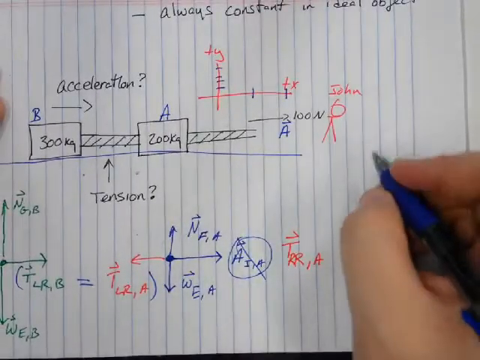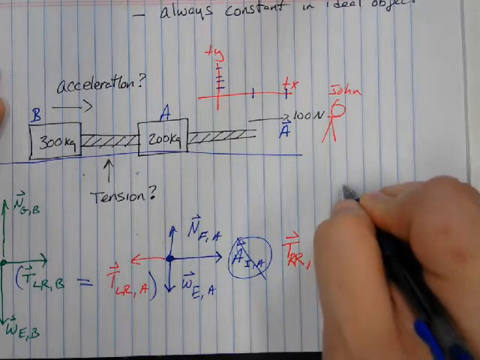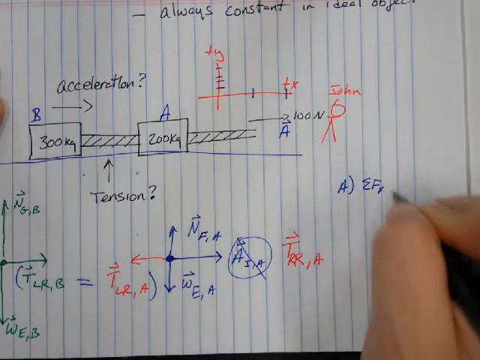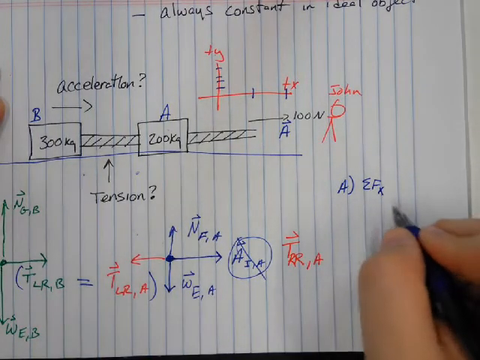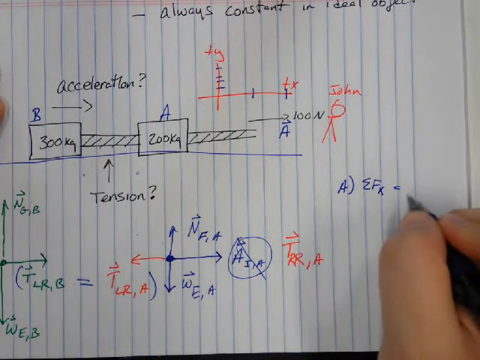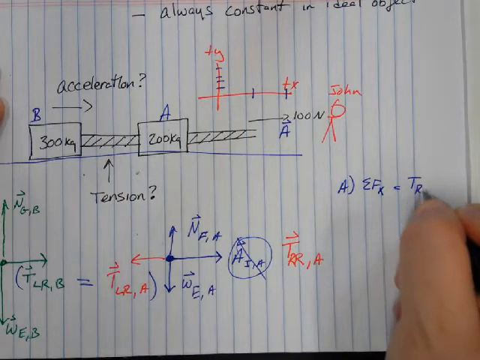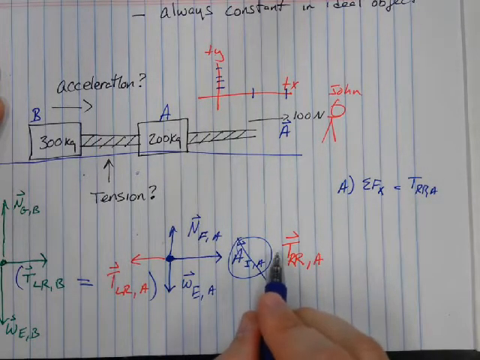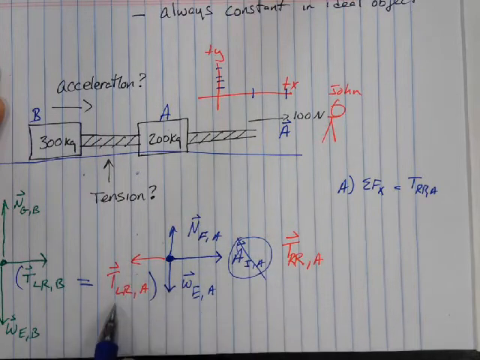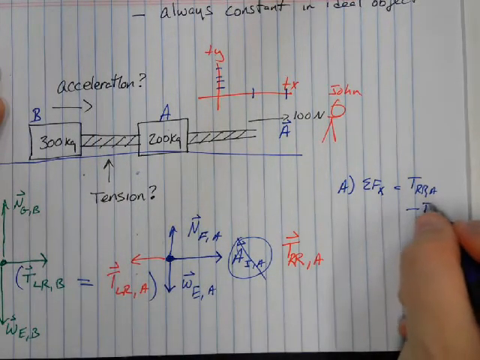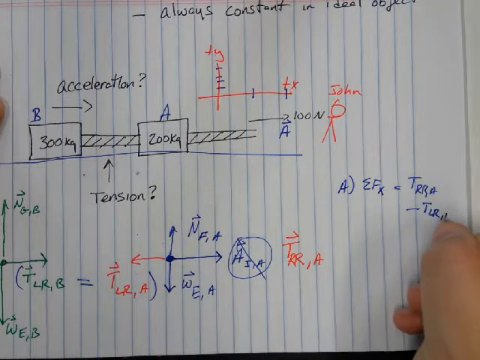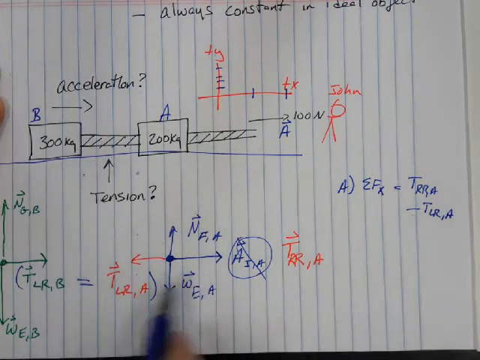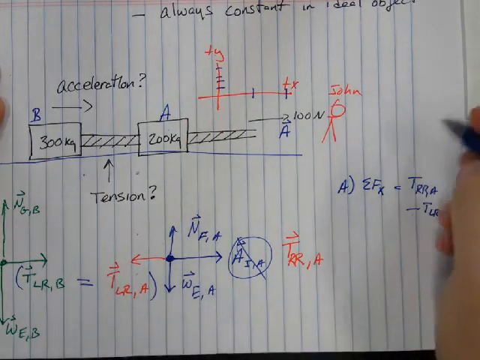So for block A, the sum of forces in the x direction is our tension in the right rope on A, in the positive direction, and in the other direction is the tension in the left rope on A. There's a minus sign here because they're in different directions, but we're adding these two.